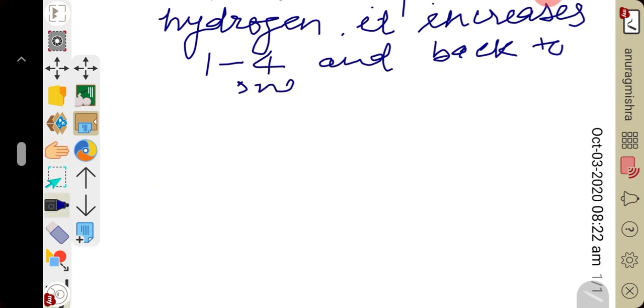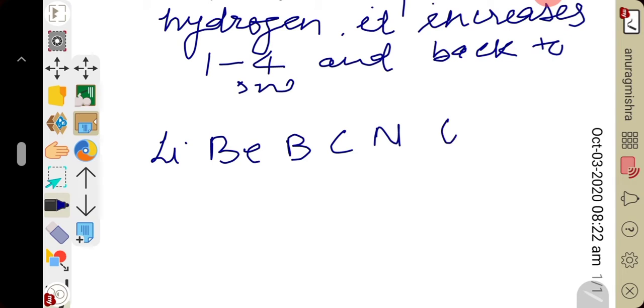For example, let's see period number 2: lithium, beryllium, boron, carbon, nitrogen, oxygen, fluorine. With respect to hydrogen, we can see the combining capacity. It forms LiH, lithium hydride, BeH2, beryllium hydride, BH3, boron hydride.